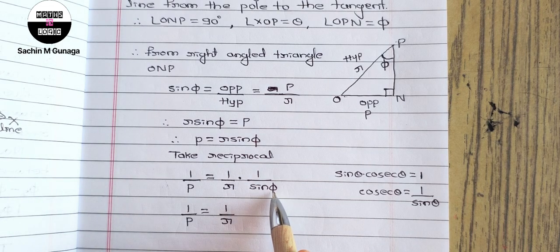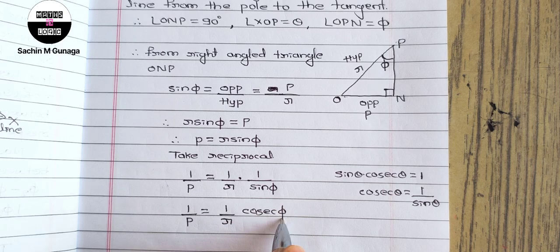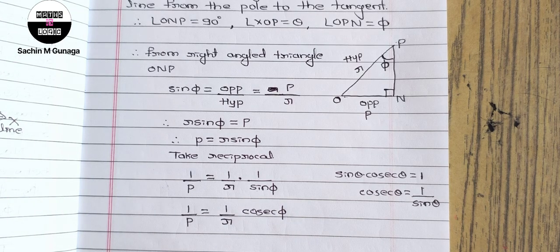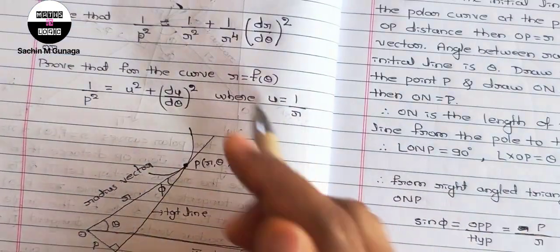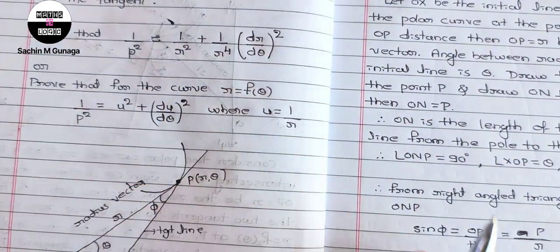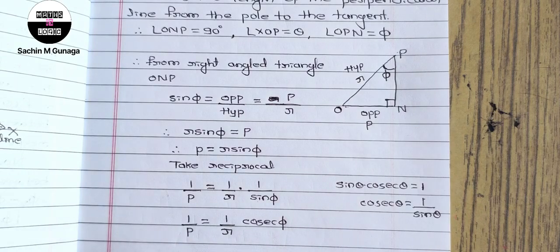Next, 1 divided by sin psi becomes cosec psi. After that we need the square, so take squaring on both sides.